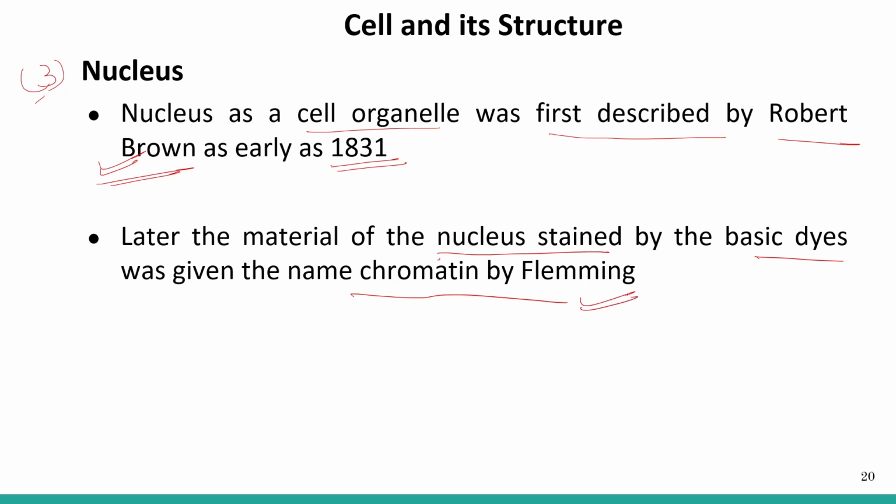So inside the nucleus, there is a material that became known after staining with basic dyes. What is that material called? That material is called chromatin, and it was the name given by Fleming.